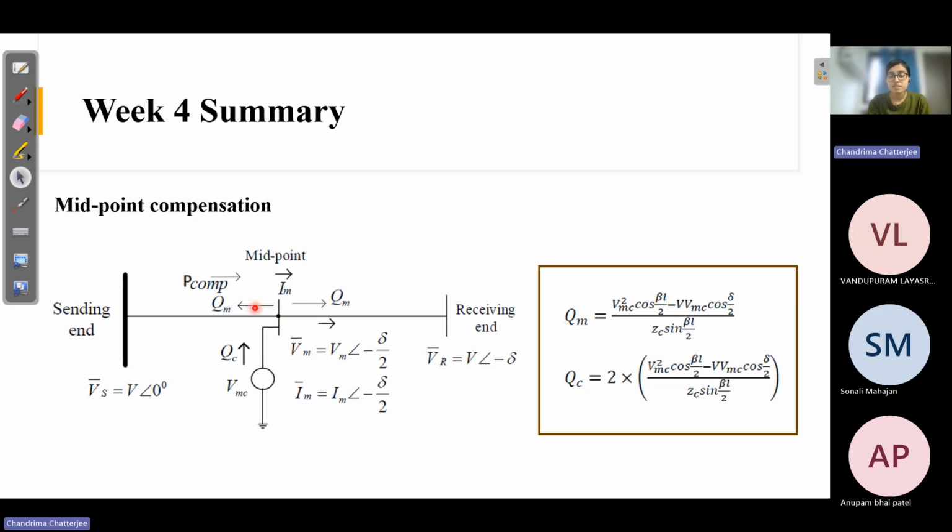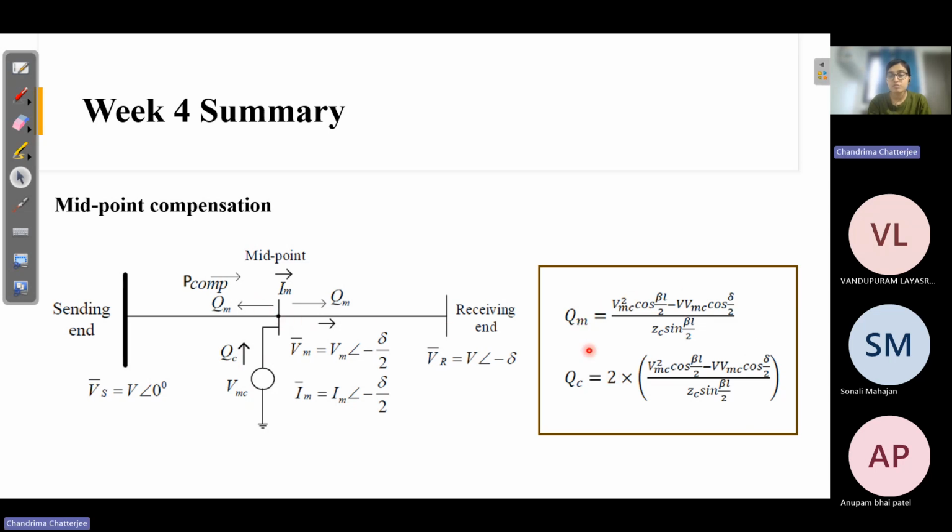Suppose the arrow is in this direction. Suppose we assume for now that it is injecting power. So it will inject power in this side also. From the midpoint, the reactive power will go here and here. And therefore, the total power that it will have to inject, QC, is twice QM.